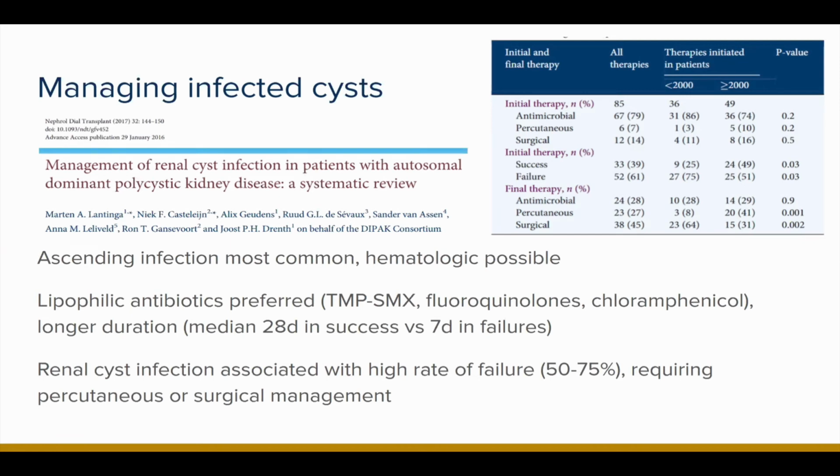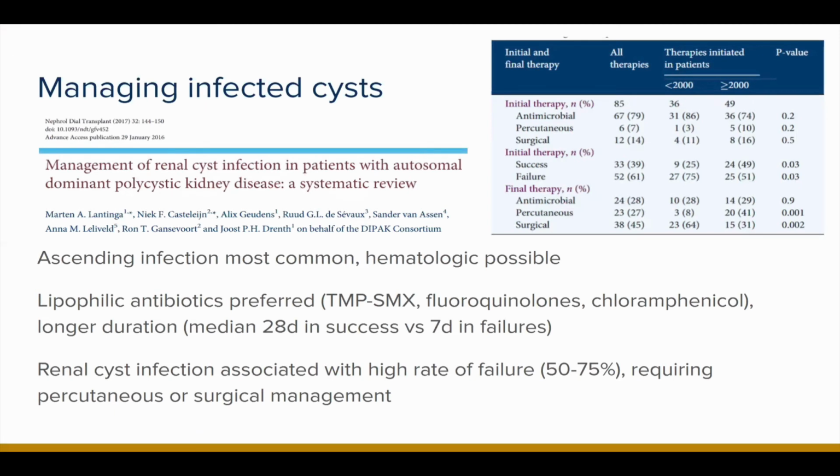And reviews suggest that a longer duration of antibiotics is often required. There's a systematic review here from 2017, which evaluated 60 papers in the literature on cyst infections. And they found that across all these studies, there were only 85 patients that they could include in this analysis.